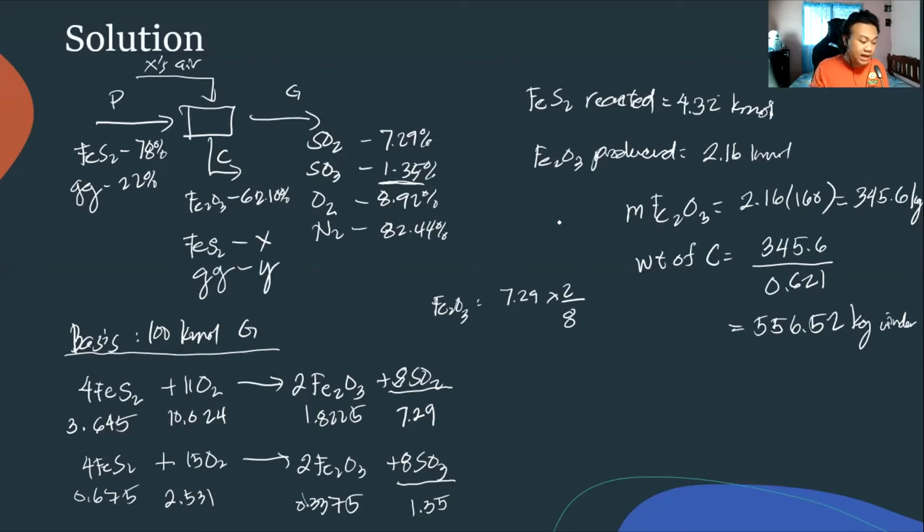Okay, so we have an FeS₂ balance, we have to have a gangue balance, and then cinder balance. So we will have 3 equations and then 3 unknowns, and then we can solve for what is asked of us. Okay, so let me just erase all of what is written.